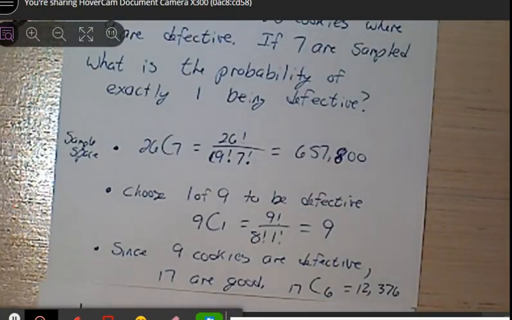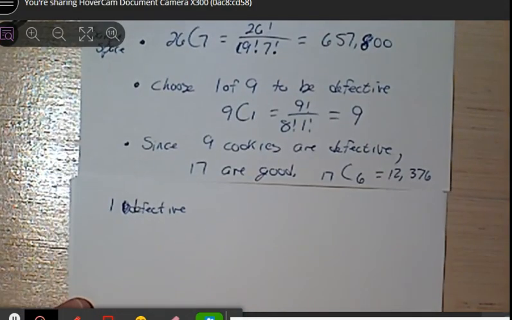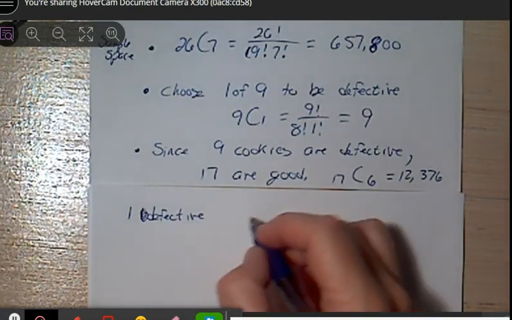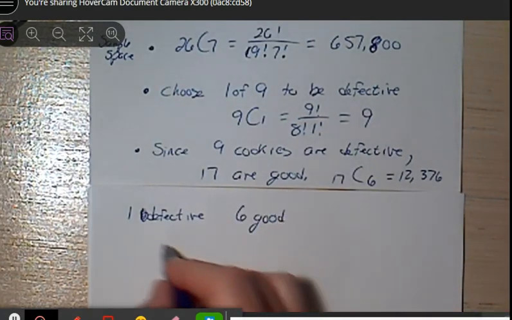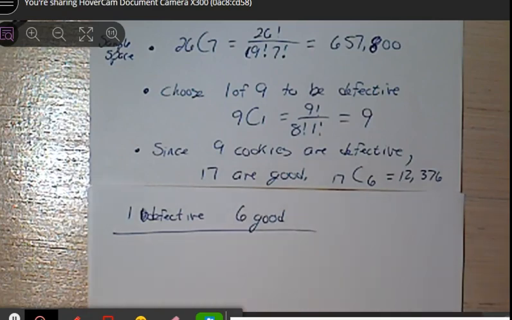You're going to pick 1 good cookie. Sorry, 1 bad cookie. Get my wording correct here. We're going to do 1 defective cookie, and we have to pick 6 good cookies, over all the cookie options that we have here.